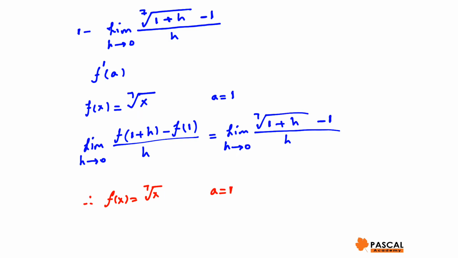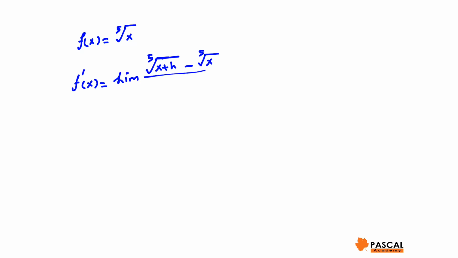Question number 3. Use the definition of derivative and find the derivative of f of x equals fifth root of x. f prime of x is the limit of fifth root of x plus h minus fifth root of x divided by h as h approaches 0.